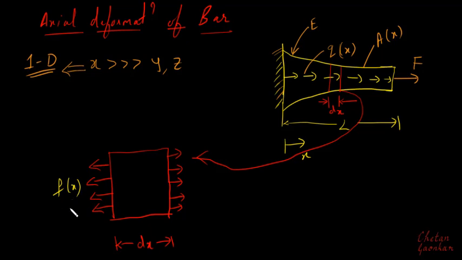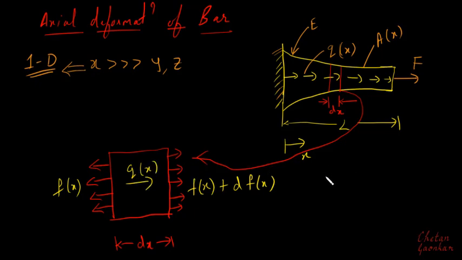As x is changing, this force is changing, and due to this length dx, the force on the right face will be f of x plus some change in force in the x direction. It is also subjected to a distributed force q of x.